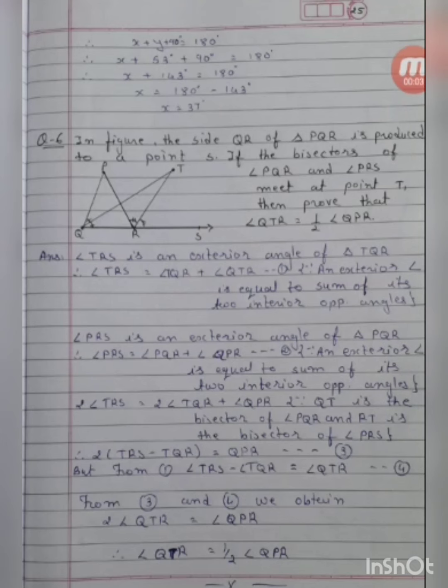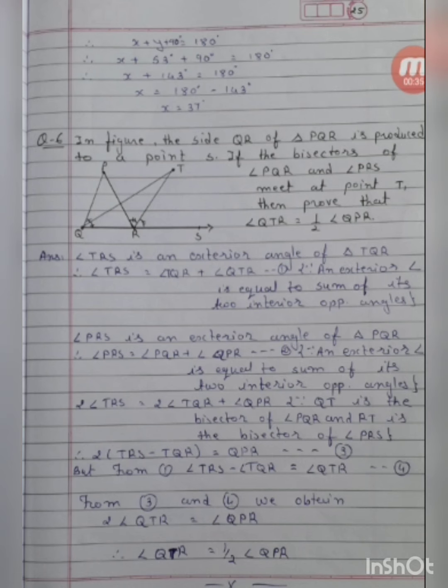Answer. Now angle TRS is an exterior angle of triangle TQR. You see in the figure, triangle TQR. Here angle TRS is an exterior angle. So we can write angle TRS is equal to angle TQR plus angle QTR. This is number 1, because an exterior angle is equal to the sum of its two interior opposite angles.